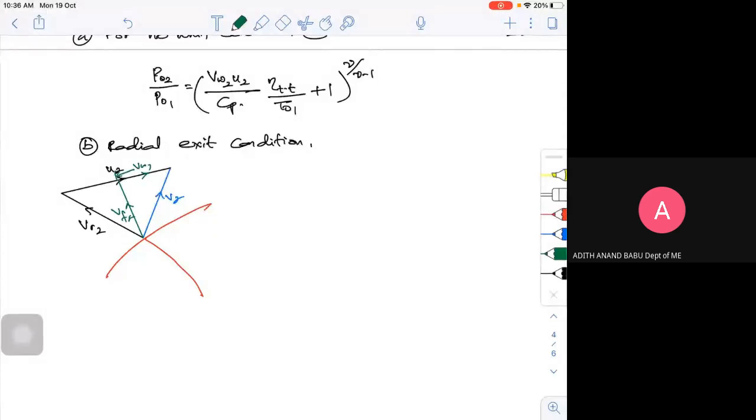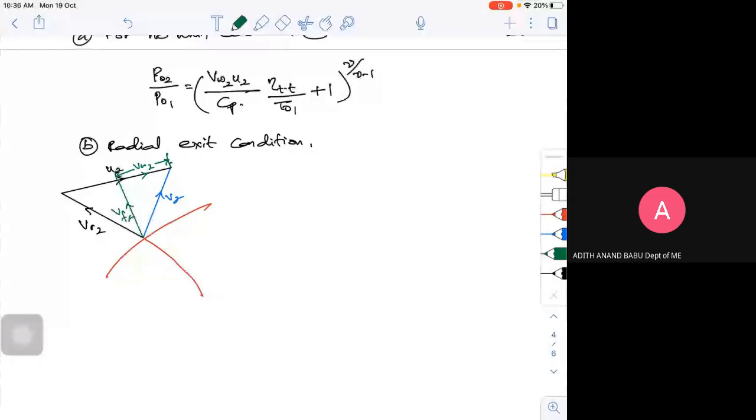So it is a condition such that your VW2 and U2 are both the same. VW2 is equal to U2. It's the radial exit condition. You see this beta, this is my beta, and this is my alpha. So we have a condition where your beta 2 becomes 90 degrees. That is called the radial exit condition, your blade exit condition.